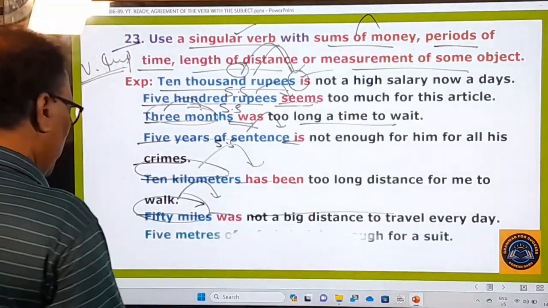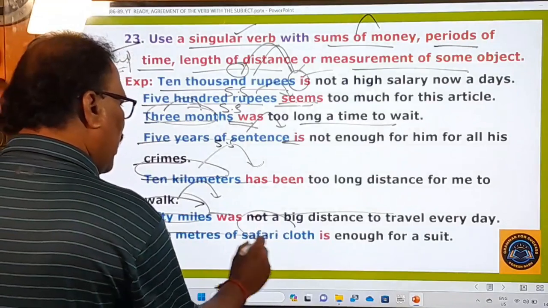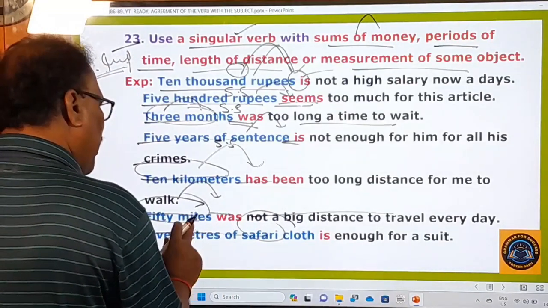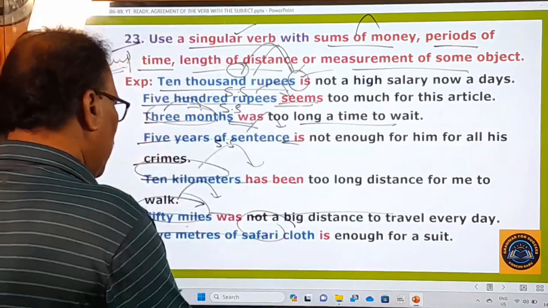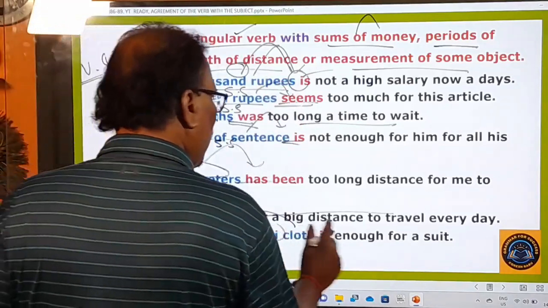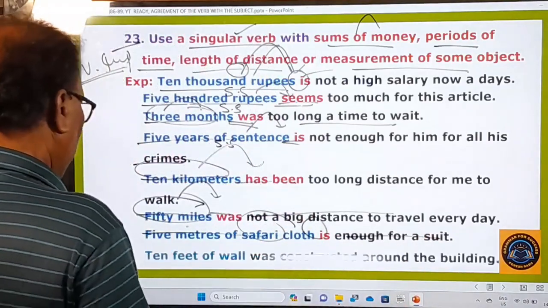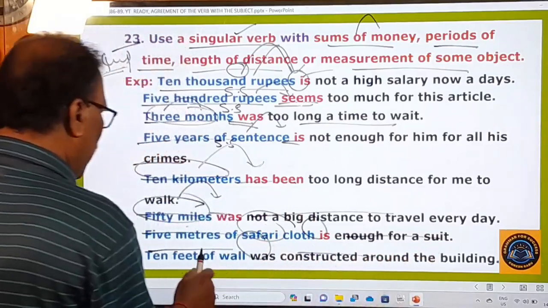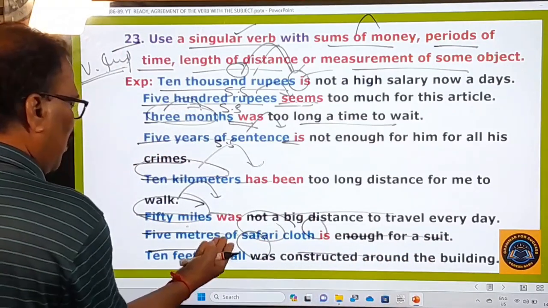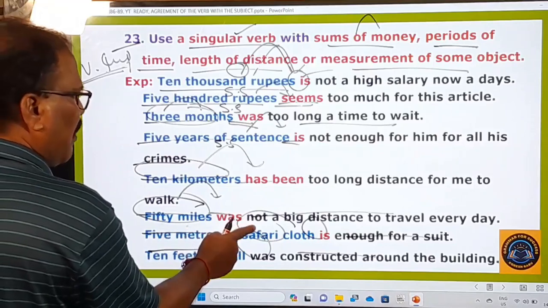And here one more example is given. 5 meters of safari cloth. So safari cloth, you are taking 5 meters. 5 meters means you are mentioning the total cloth needed for something. What is that? 5 meters of safari cloth is enough for a suit. So singular. And 10 feet of wall was constructed around the building. Here you are measuring this wall, 10 feet of wall.